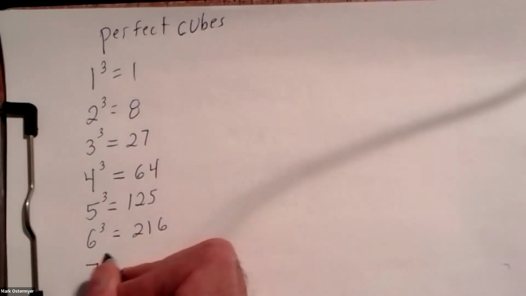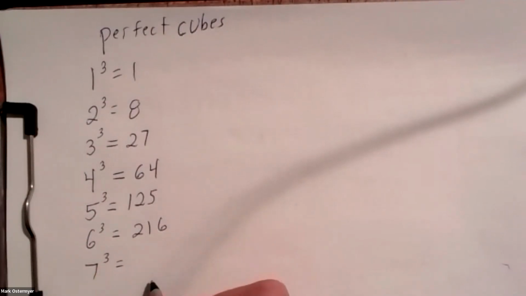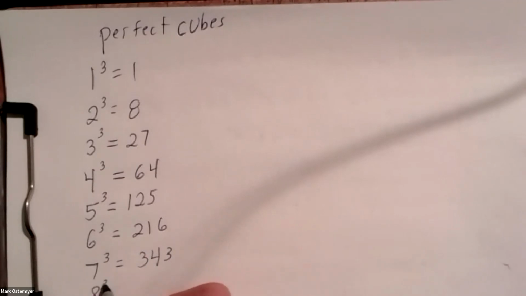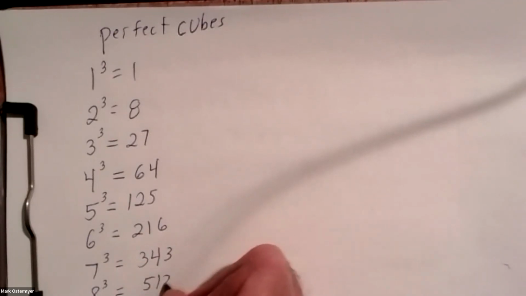What's 7 cubed? 7 times 7 is 49, and 49 times 7 is 343. 8 cubed, 8 times 8 is 64, and 64 times another 8 is going to be 512. 9 cubed, 9 times 9 is 81, and 81 times 9 is going to be 729.